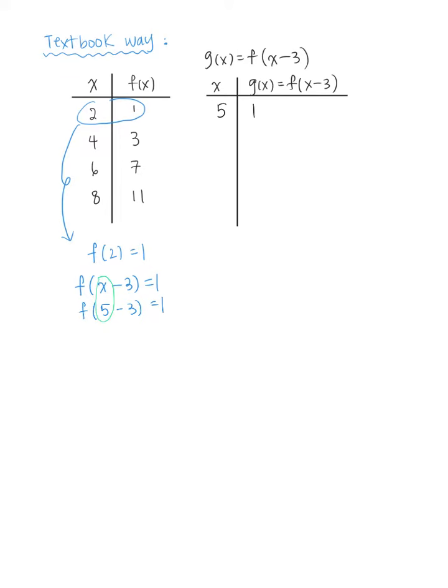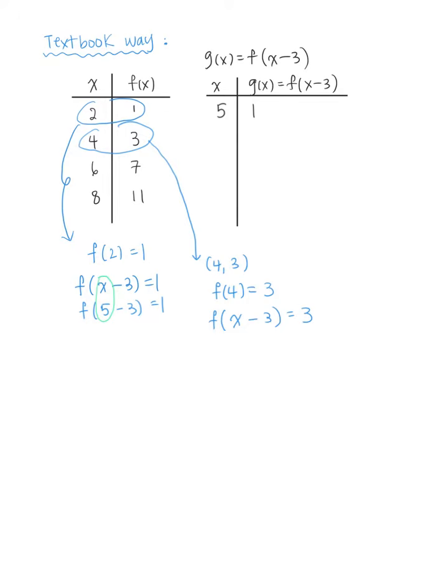Now they do the same thing for this ordered pair. So let me just bring it over here. So when x is 4, y is 3. So this is the same thing as f of 4 equals 3. Now let's try to rewrite f of 4 by using f of x minus 3. And I'm going to set the right hand side equal to 3.